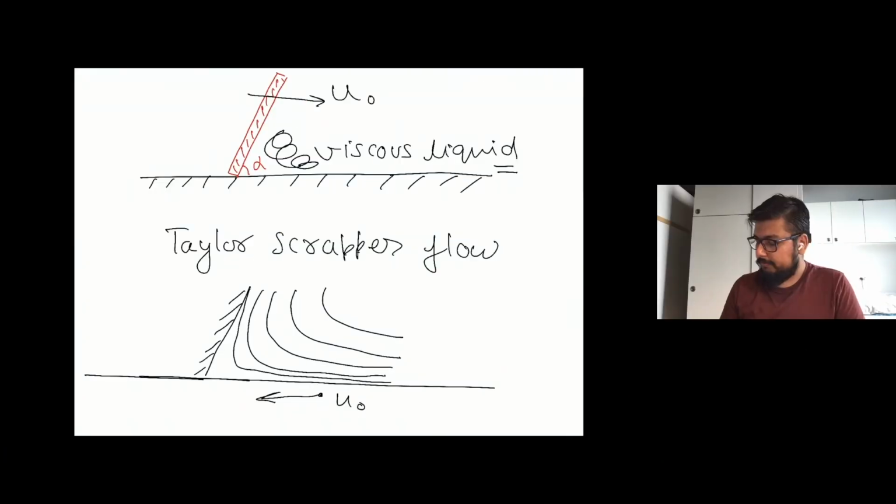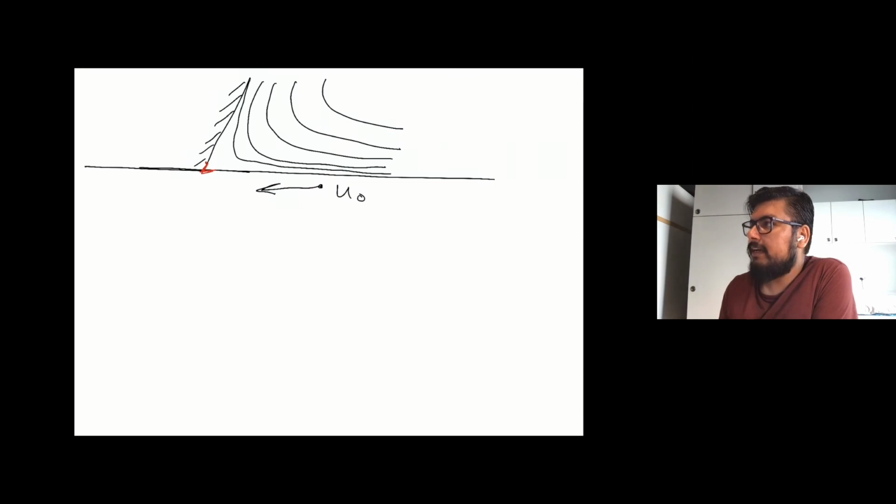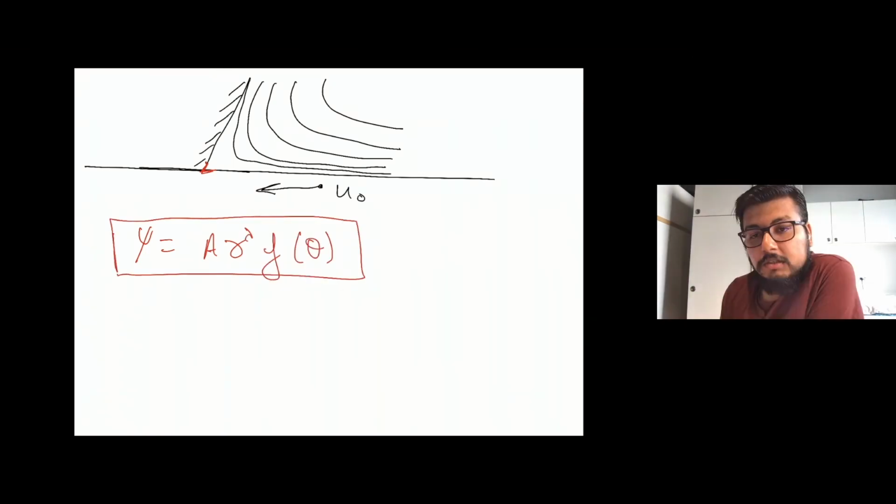So now, if this corner between the scraper and the wall is indeed sharp, we can again expect there to be a self-similar solution for this problem. And then we can define the stream function psi as A r to the power lambda times f of theta. So this ansatz is similar to what we used for the inviscid flow in a corner.